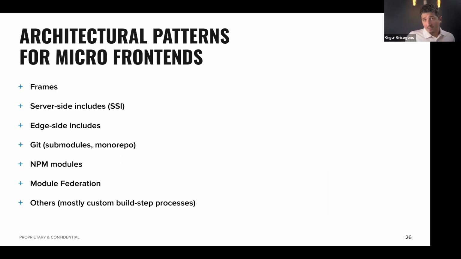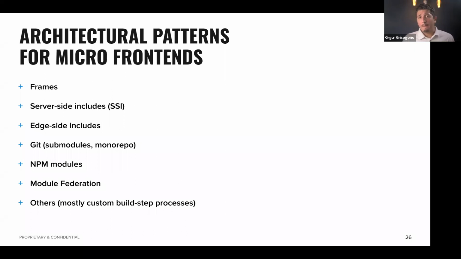As I mentioned, microfrontends have been around for decades. And some of the first apps used frames and server-side includes. IKEA is a known brand to have used, and I think they still use, server-side includes to integrate microfrontends. Basically, they patch them together. A modern version of server-side includes are edge-side includes, where things happen in the cloud.